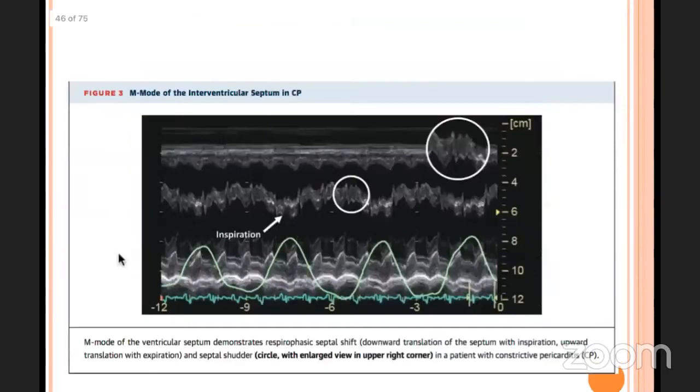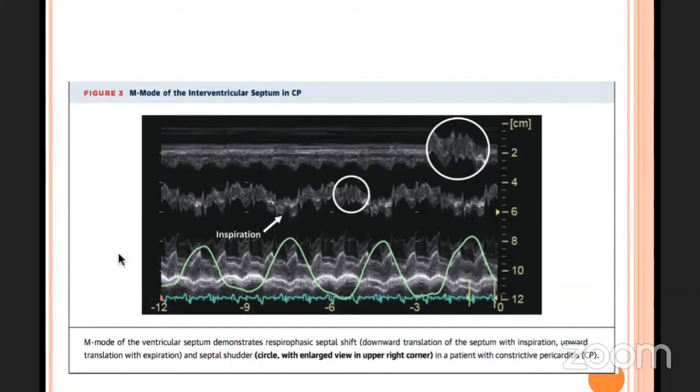This exaggerated ventricular interaction can be shown not only by the hemodynamic investigations, but also by M-mode echo. You can see here that during inspiration, because the RV is filling, the interventricular septum moves towards the LV, increasing the size of the RVOT and decreasing the LV cavity.